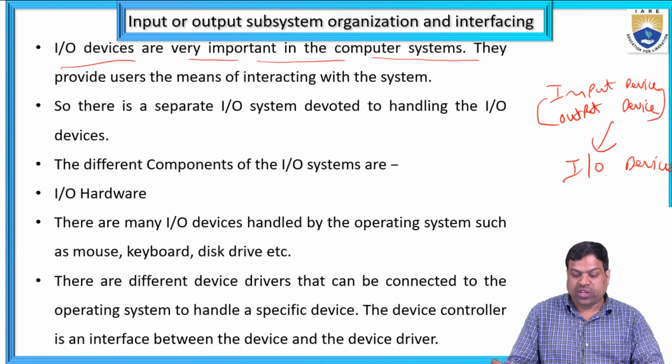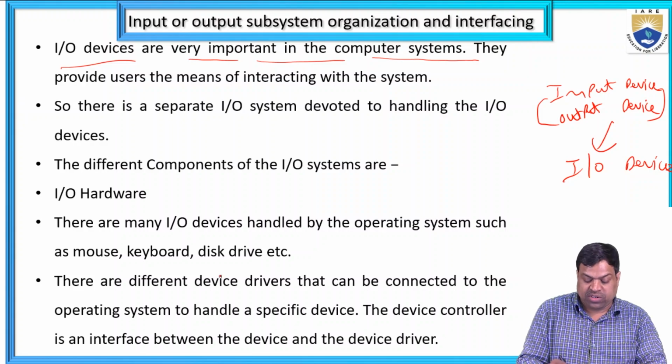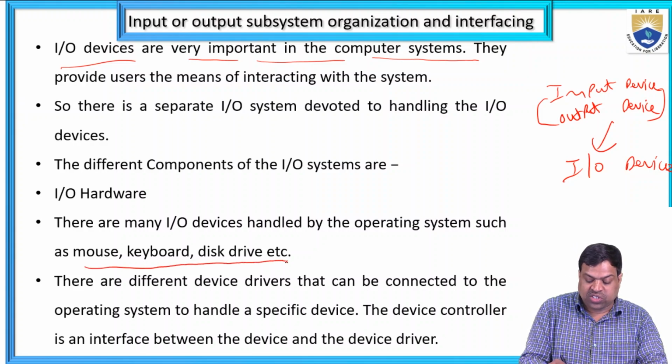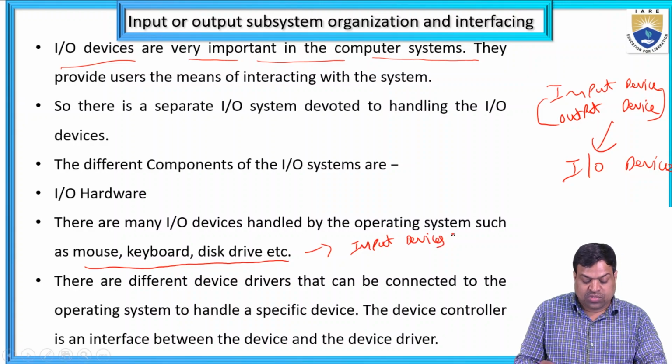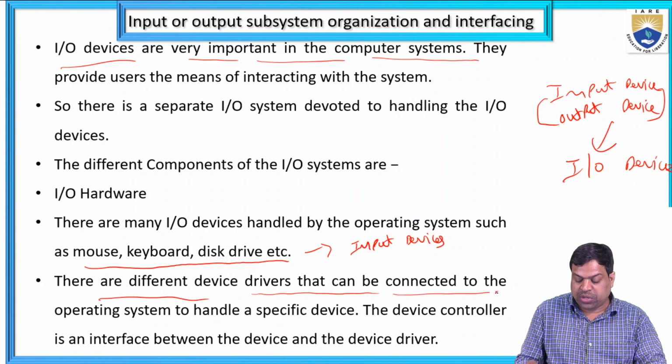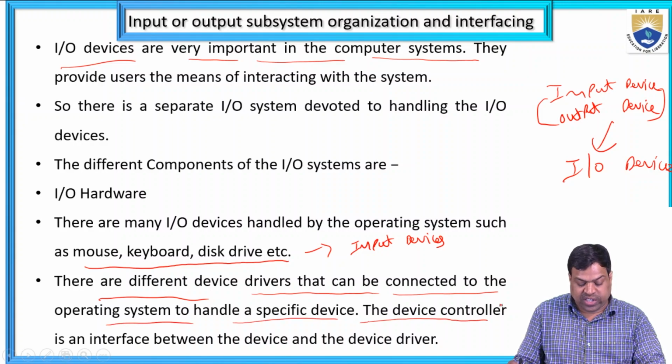The different components of the input output subsystems are input output hardware. There are many input output devices handled by the operating system, such as mouse, keyboard, disk drive, etc. So mouse, keyboard, disk drives are the input devices. There are different device drivers that can be connected to the operating system to handle a specific device. The device controller is an interface between the device and the device drivers.